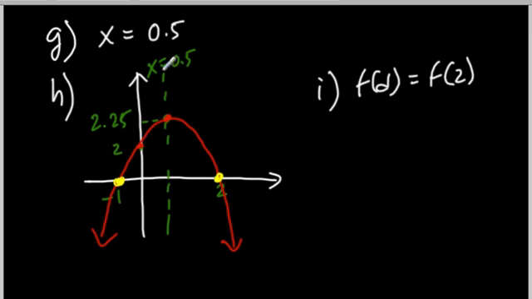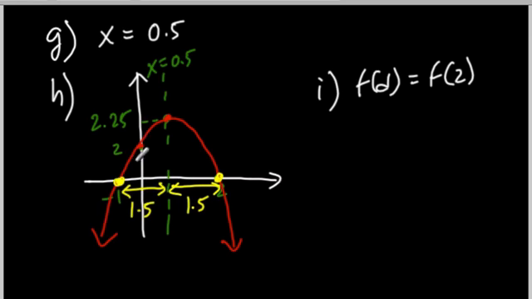Okay. So we're going to use the axis of symmetry to help us out there. What is the distance from 2 to the axis of symmetry? Well, the axis of symmetry is 0.5, so 2 minus 0.5 is basically 1.5. So the corresponding point on the other side must also be 1.5 away, right?